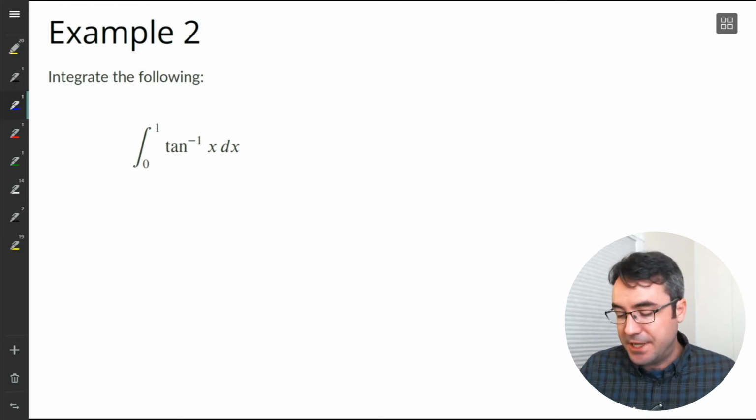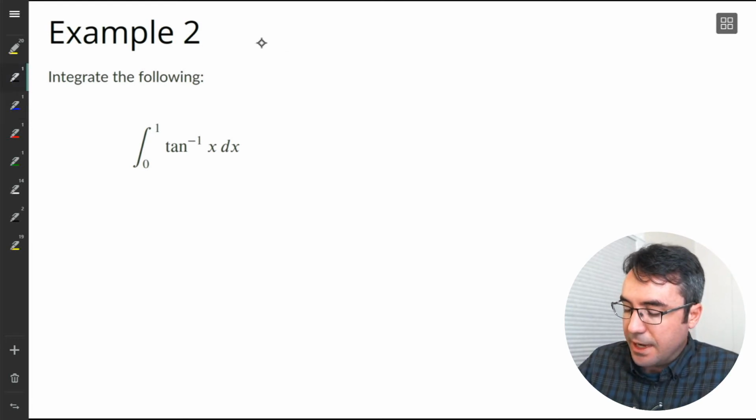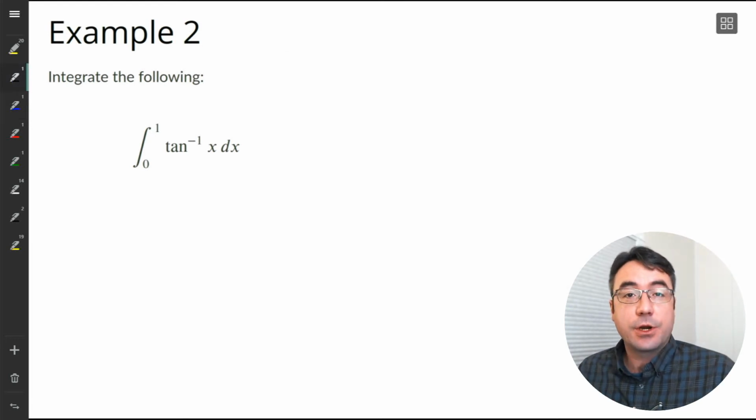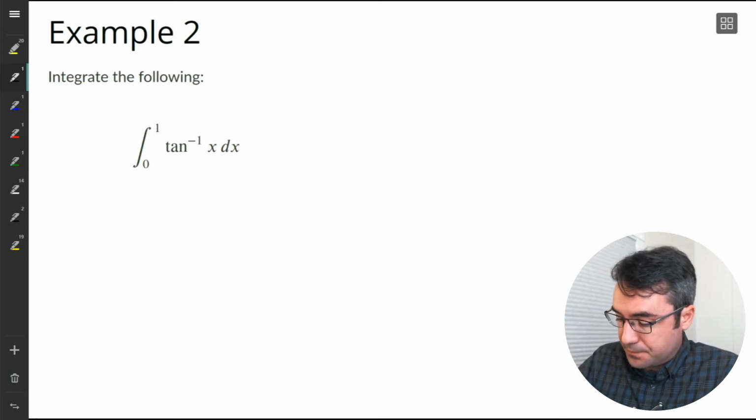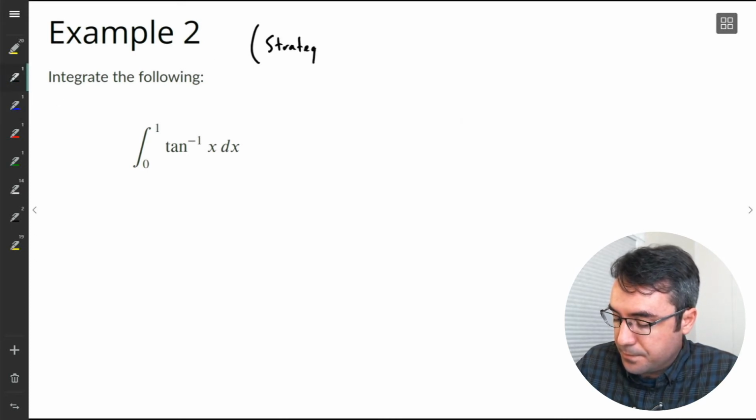And so the same strategy we use there, we're going to use it here. So we want to recall our strategy for inverse functions.